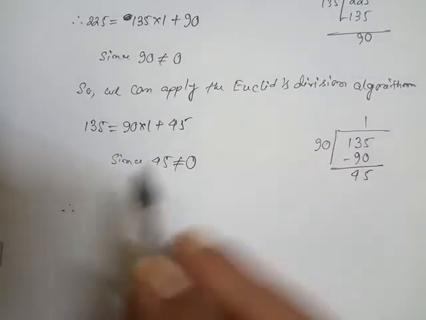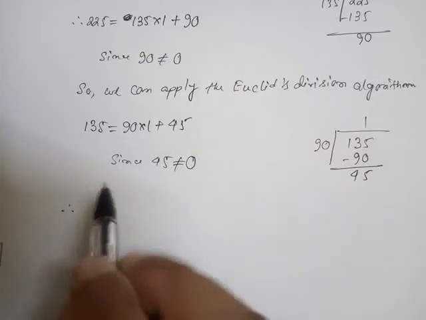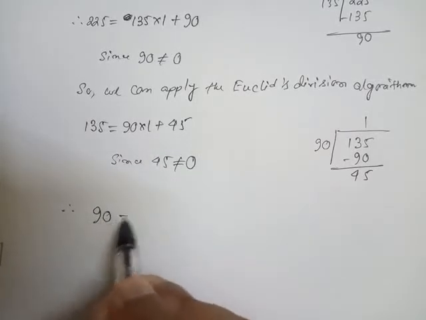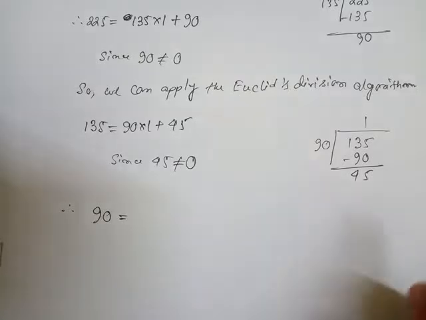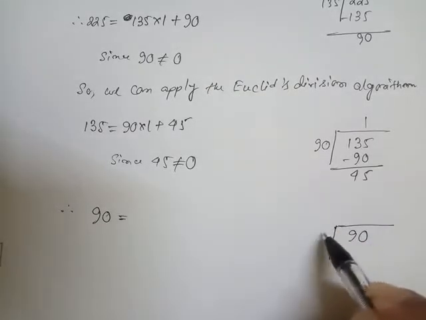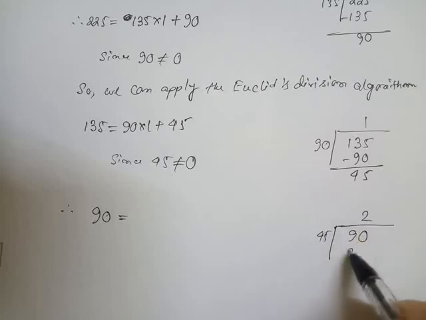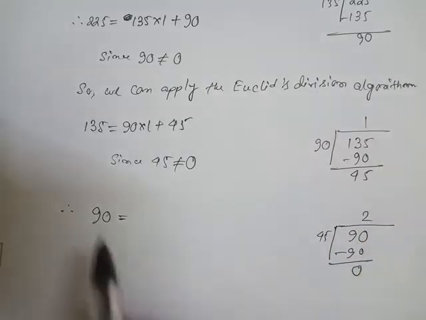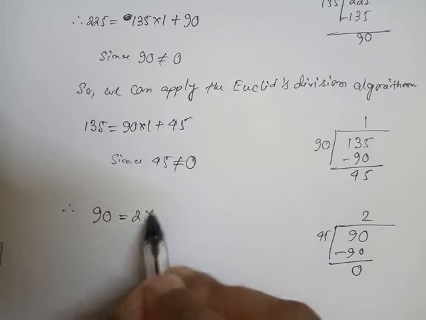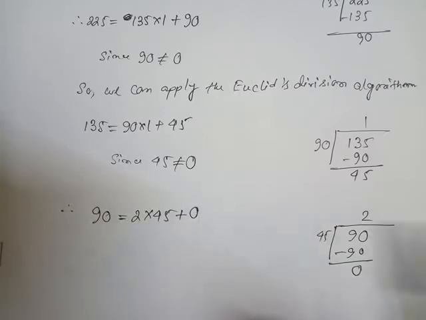Therefore we'll go for further division here, 90 equals, now we'll divide again. If I divide 90 by 45, look here students, the remainder is 0, so we can write 90 equals 2 into 45 plus 0, remainder is 0.